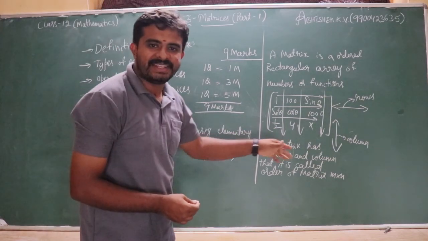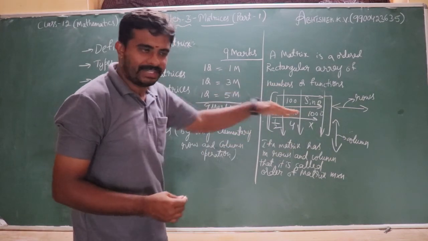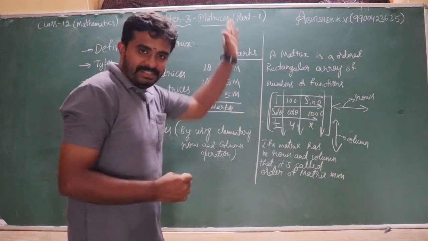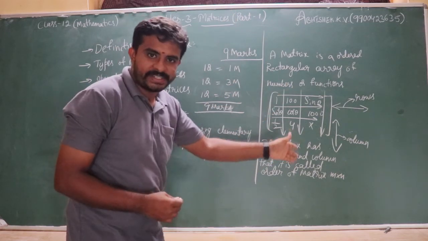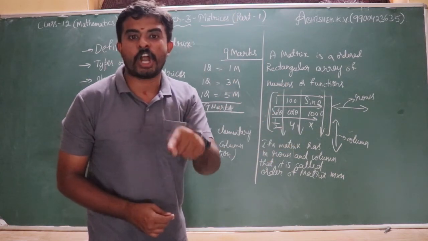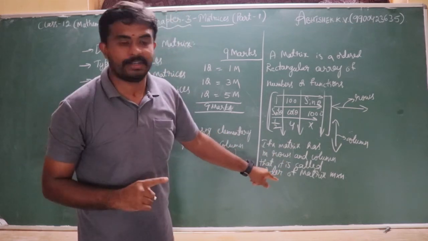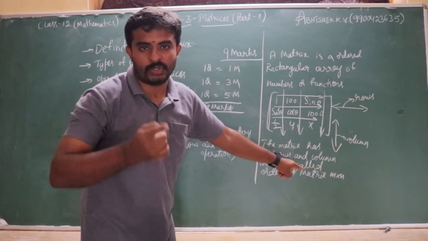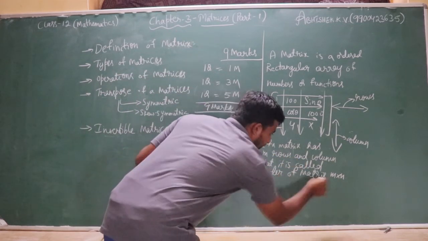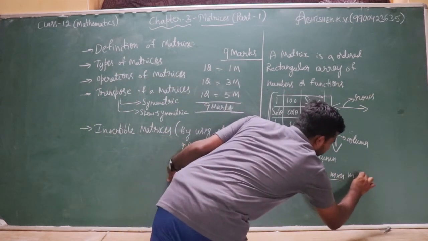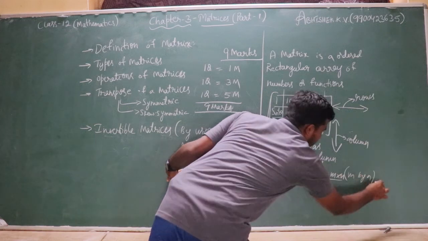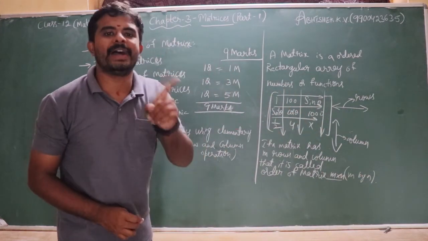See, if a matrix has m rows, that is horizontal, and n columns, that is vertical, then that matrix is called a matrix of order what? m cross n. m cross n is the same as m into n. This is read as m by n.